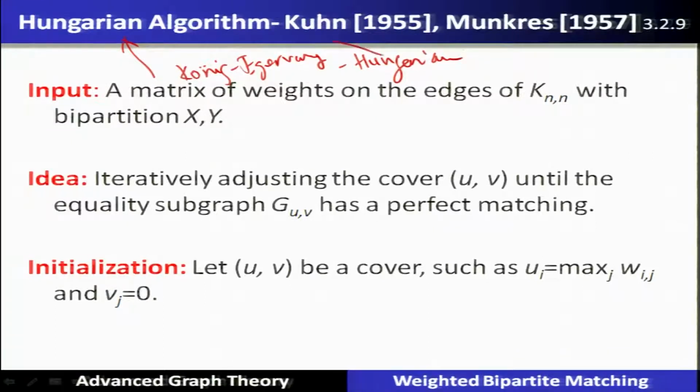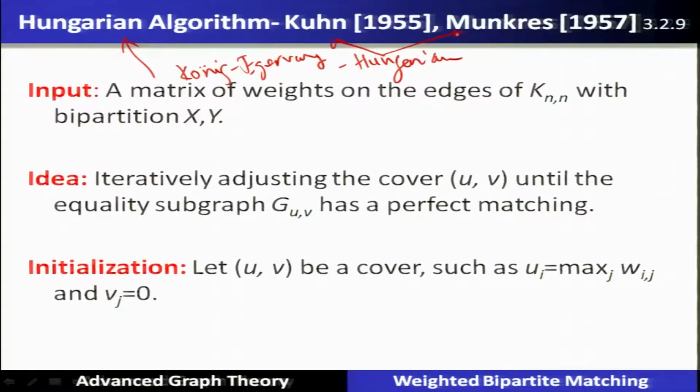This algorithm was identified by Kuhn in 1955 and Munkres in 1957, who gave it independently. It is named Hungarian because of the Koenig-Egervary theorem on which this algorithm is based. So, in honor of Koenig and Egervary, who were Hungarian, the algorithm was named the Hungarian algorithm.